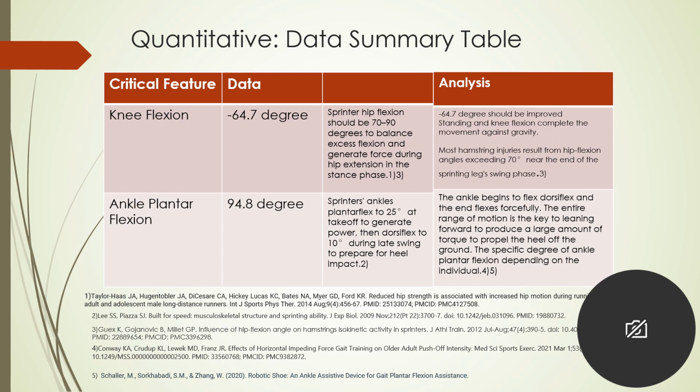Another reason is that most hamstring injuries result from hip flexion angles exceeding 70 near the end of the sprinting leg's swing phase. The ankle plantar flexion degree is 94.8 for our participant.